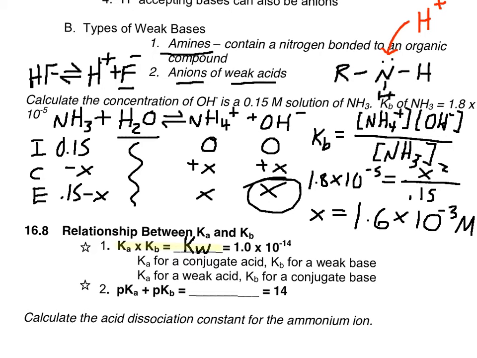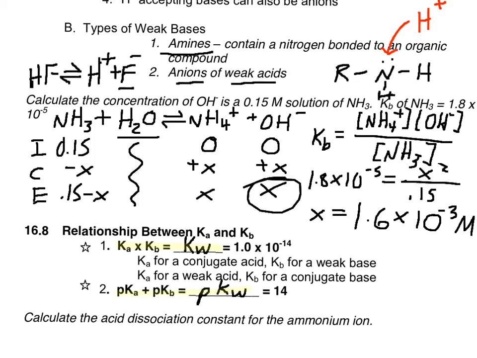So if you add the negative log of the Ka and the negative log of the Kb, then what you get is the negative log of Kw, which is equal to 14. So these two equations together allow us to find Ka if we have Kb, allow us to find Kb if we have Ka, and allow us to solve a lot of different things. And so these are both real important equations for you to memorize.